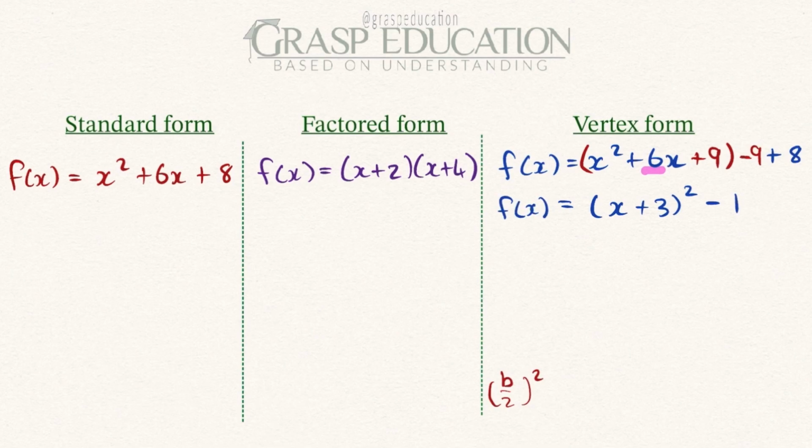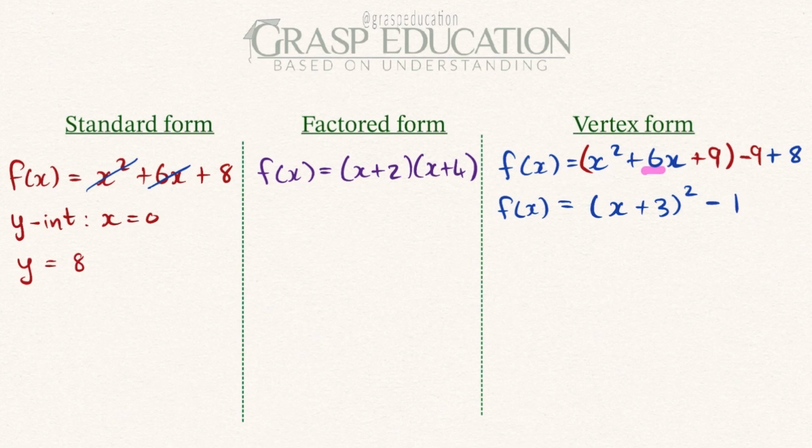So why are these three forms important? Well, the standard form gives me the y-intercept. The y-intercept is when x is always equal to 0. So if x is equal to 0, my y-intercept would just be 8. Y would equal 8.